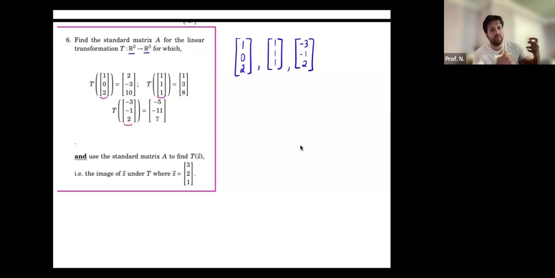T takes things in R3, gives you back something in R3. What should I check regarding these three vectors? I'm gonna treat it as a set of vectors. What's the important property to check here?